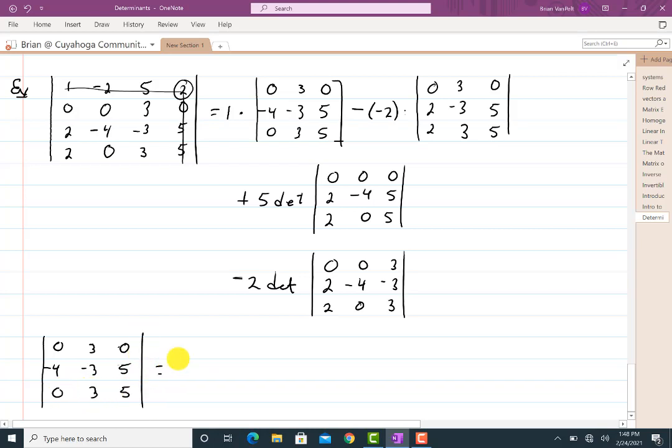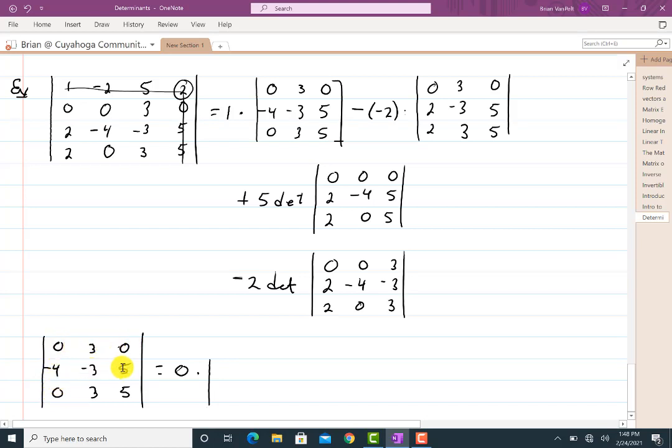So I will go across the first row like before. So I have 0 times the determinant. Well, I did exactly what I said I wouldn't. 0 times what's left over. So if you can start to do this in your head, imagine striking this column and striking this row. What's left?